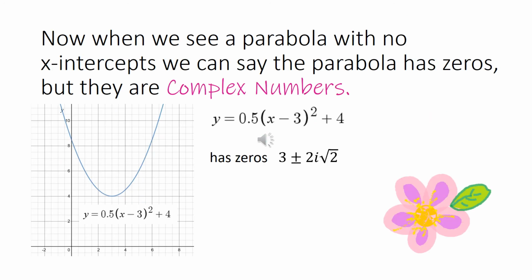So now that we have invented our set of complex numbers and they exist, we can actually look at graphs like this parabola that has no real zeros and realize it does have zeros. We're just not seeing them on my real number graph. For example, the parabola 0.5 times (x minus 3) squared plus 4 does have zeros. They are the complex numbers 3 plus 2i times the square root of 2 and 3 minus 2i times the square root of 2.